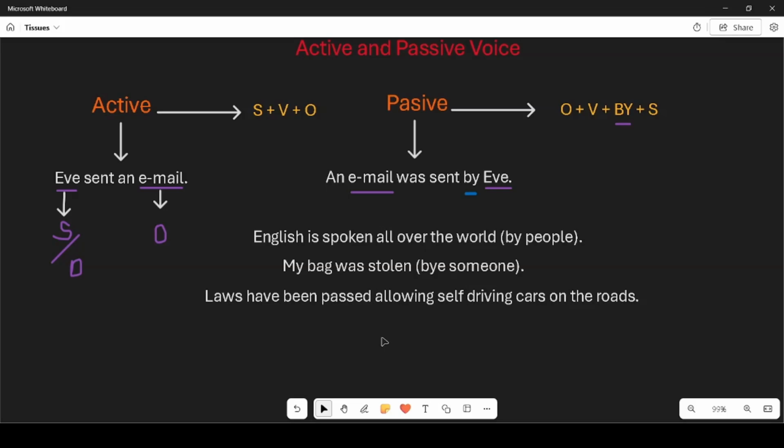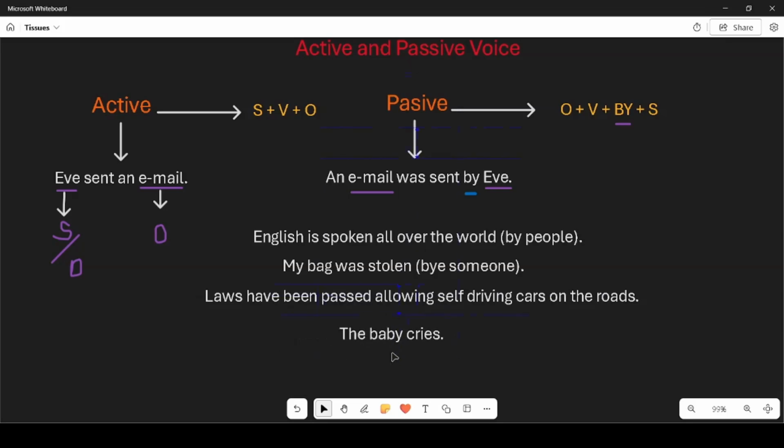There are a few points we must keep in mind about passive voice. Sentences with intransitive verbs cannot have passive voice. So, what are intransitive verbs? Intransitive verbs are verbs without objects. For example, the baby cried, the child sleeps. So, let's say the baby cries.